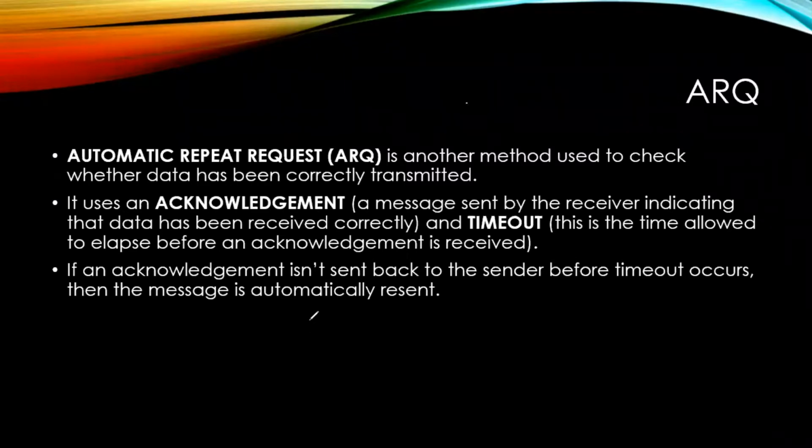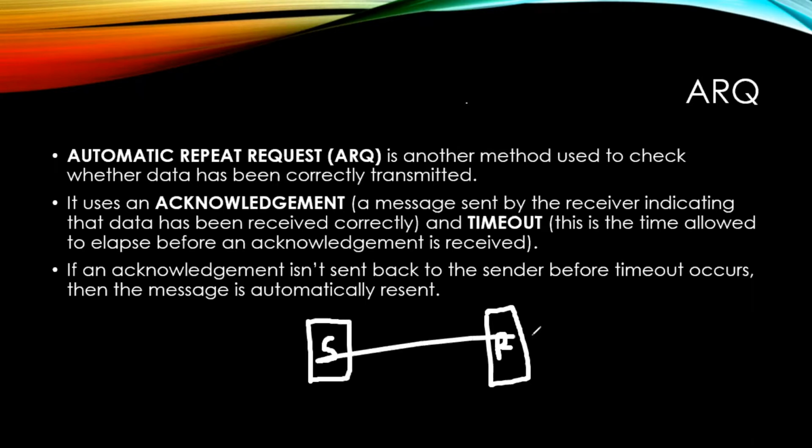ARQ system function. Okay, we have what is known as the sender here. Let's say it's your friend, okay, and this is your receiver here. We have the sender and the receiver. Your sender is your friend who's going to send you beautiful gifts, and this is normally you as a receiver.